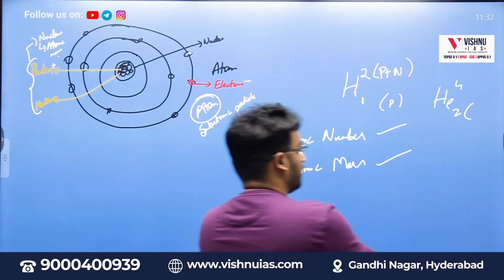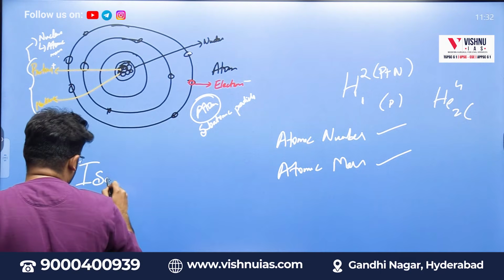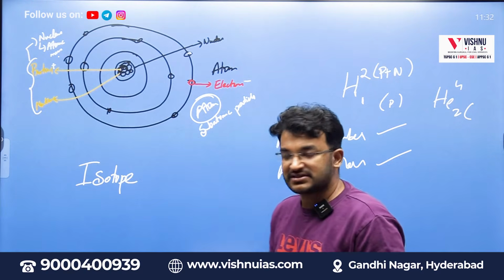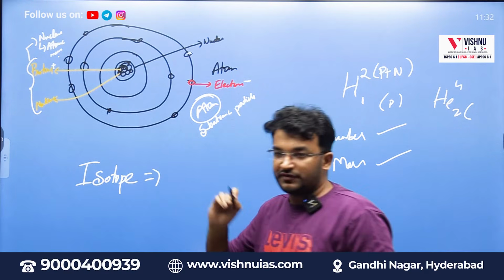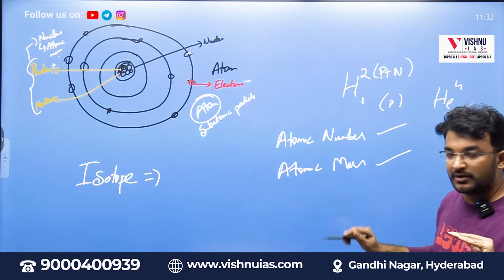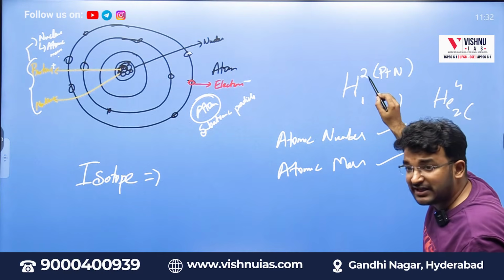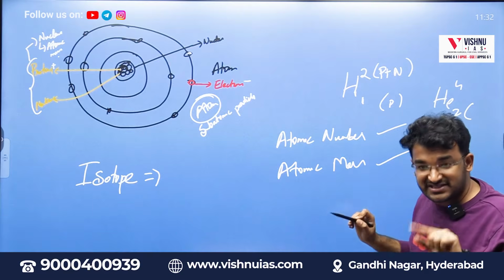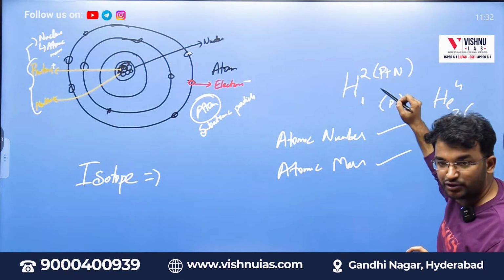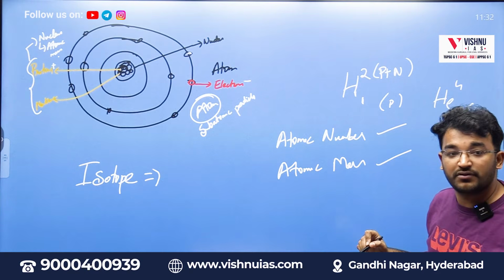Now, there is another concept called isotope. What is this isotope? We had identified that if proton number is the same, it is hydrogen. But here the atomic mass is changing, and the protons are the same. So if there is a change in the atomic mass, it could be because of neutrons.